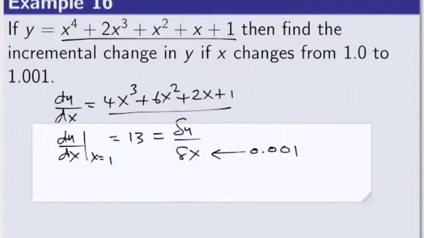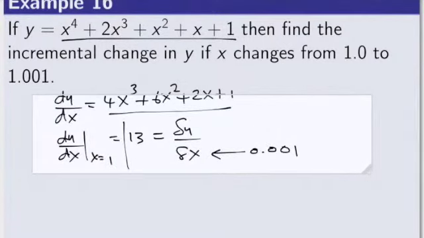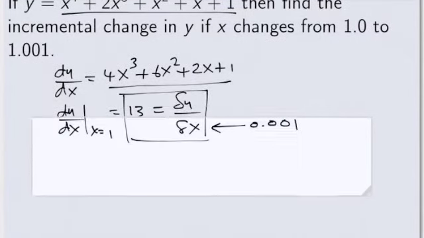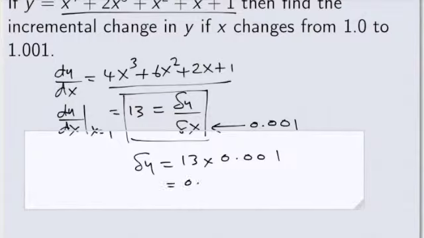So we can now compute the incremental change in y, because in this equation we know delta x and we know the ratio of delta y to delta x is 13. Hence we can compute delta y to be 13 times 0.001, which is 0.013.